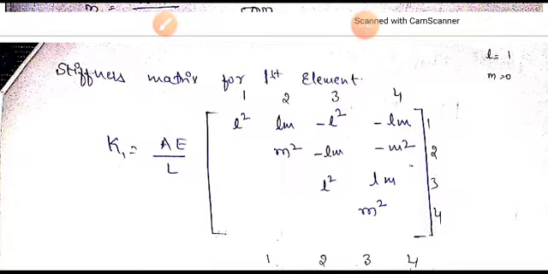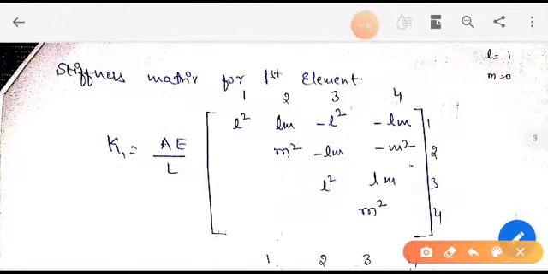Here the stiffness matrix for the truss element is given by A into E divided by L, where A is the cross sectional area, E is Young's modulus, L is the length of the element. And these are the elements which define the direction cosines. The matrix can be easily remembered: first we need to remember these diagonal elements. Next, L square, LM, L square, M square.